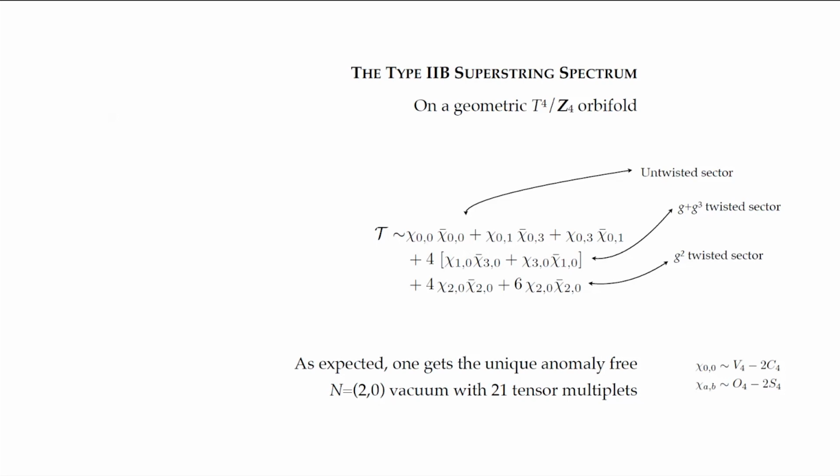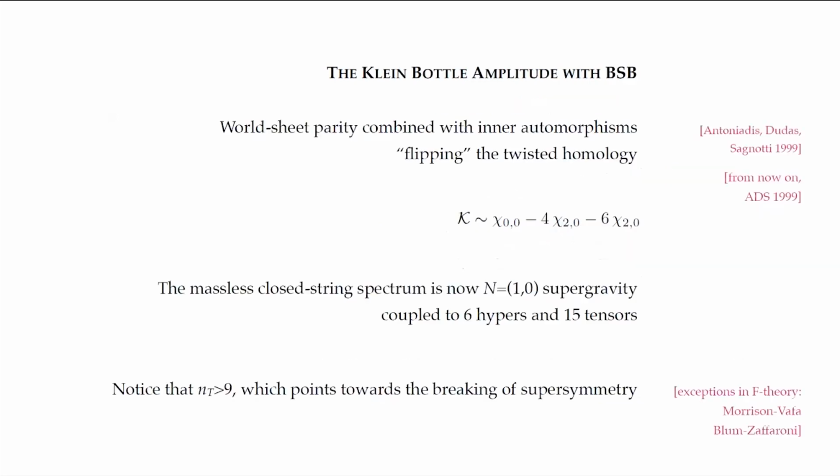So this is all standard, and now we want to play the game of building up, starting from the type 2b superstrings with the orientifold projection, some orientifold vacua, or maybe hopefully of new type. So, what we are interested in, we want to construct models with brane supersymmetry breaking.